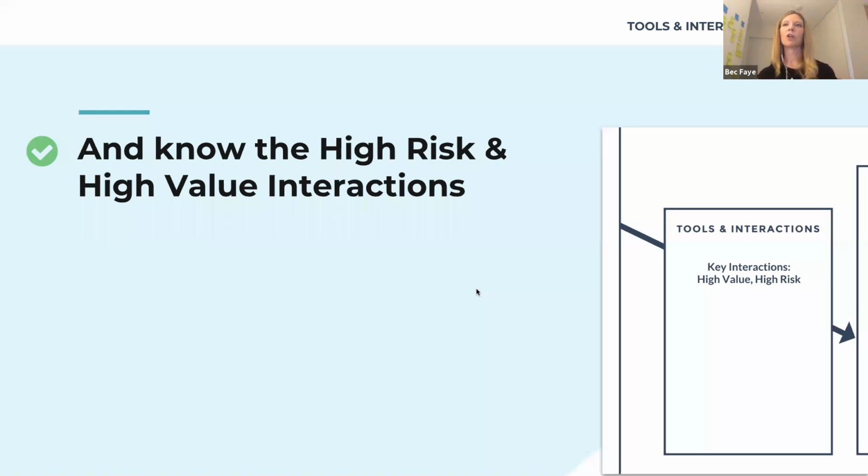By high value, I mean ones like the booking example. We know that money goes through the Airbnb platform, and Airbnb make money at the point where that transaction takes place. Knowing the high value interaction point, by identifying it, means we can prioritize it in the way we work. The same goes for the high risk interaction points.